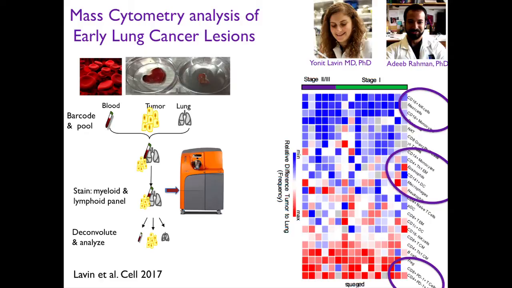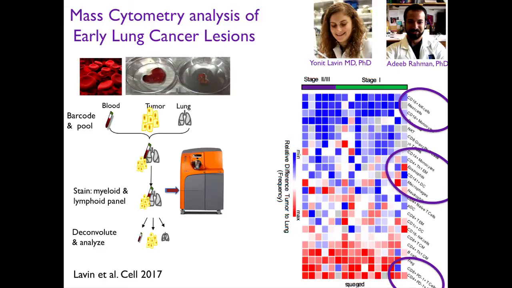Here we collected the tumor, the adjacent tissue, and the blood of the same patients. Each tissue was barcoded with a metal. The tissues were pooled and then stained with two extensive lymphoid and myeloid panels.